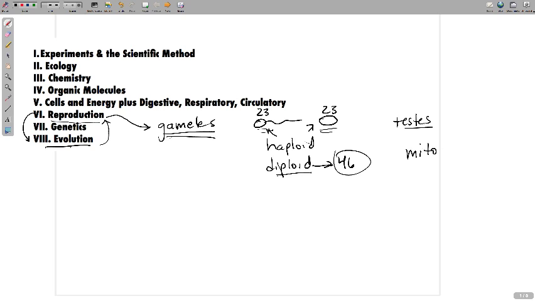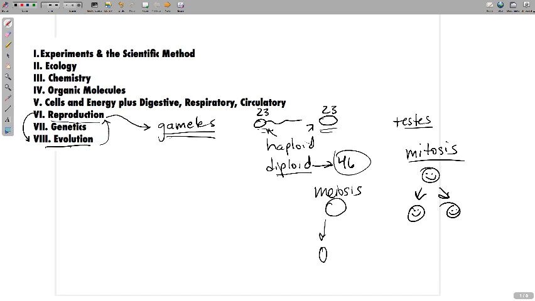mitosis, meiosis. So know the ultimate purpose. Remember, mitosis is one cell going to two, that they're totally exactly the same, okay? But meiosis is one cell becoming usually four, not always, but you don't really need to remember that it's four.